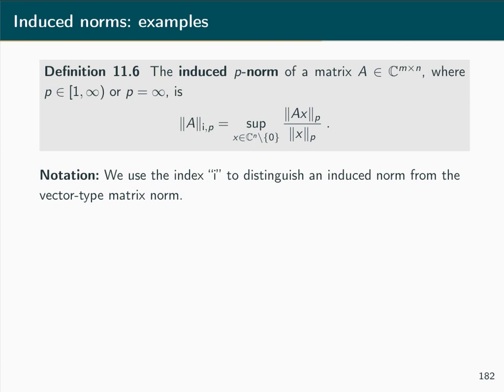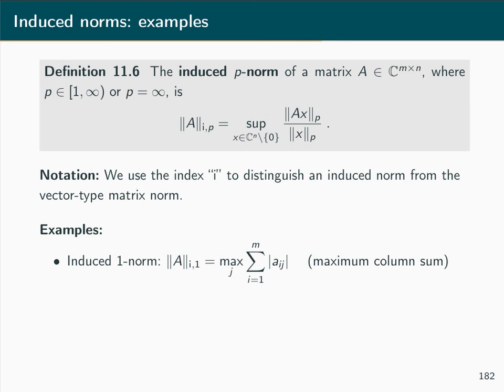Regarding notation, note that we use the index I to distinguish an induced norm from the corresponding vector type matrix norm. So please make sure that you understand that the p-norm of A is generally not equal to the induced p-norm of A, and that you know the definition of both.